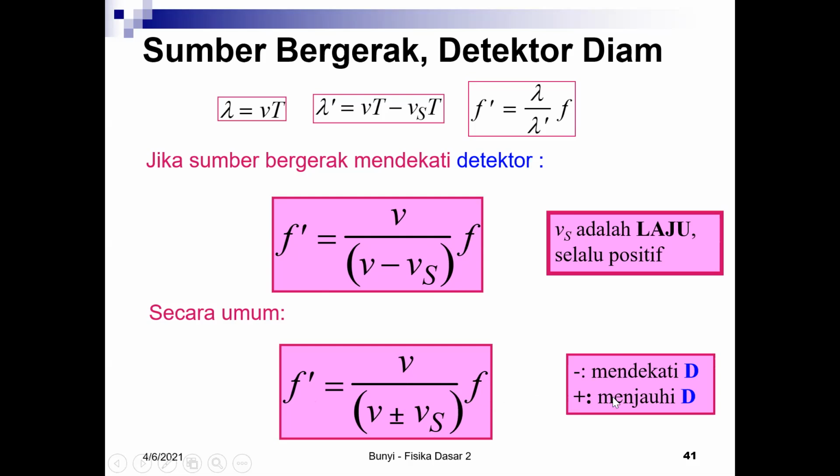Plus when the source moves away from the observer, while minus when the source moves towards the observer. This v here is the speed of sound in the air, for example.